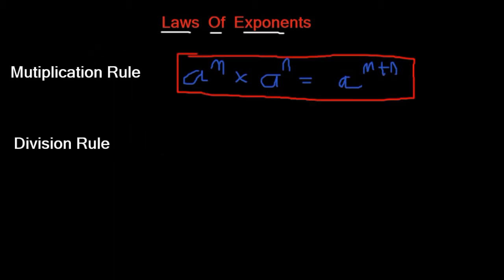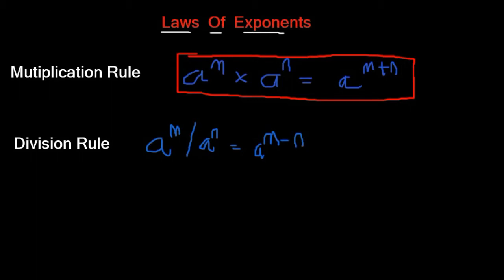Now let's look at the division rule. A division rule is something in the form of a power m divided by a power n, which gives a power m minus n.